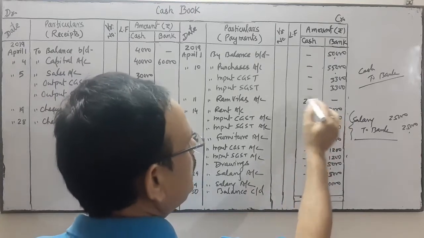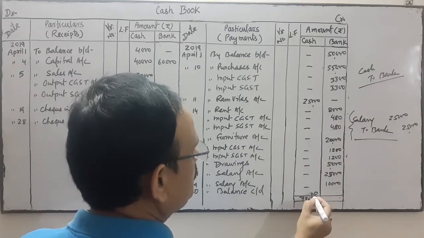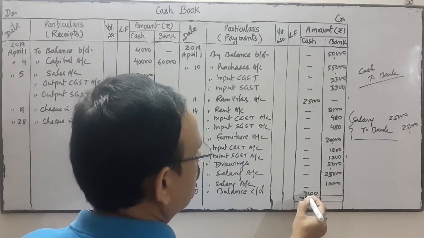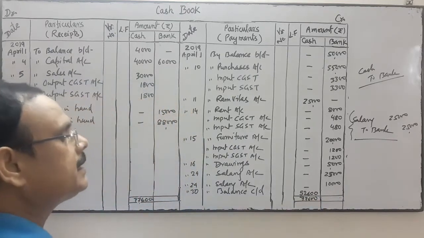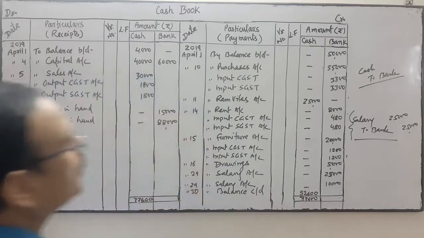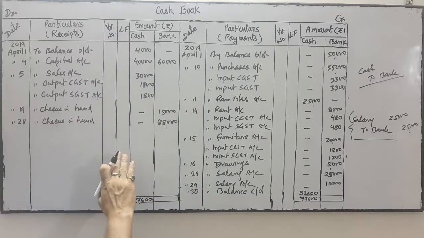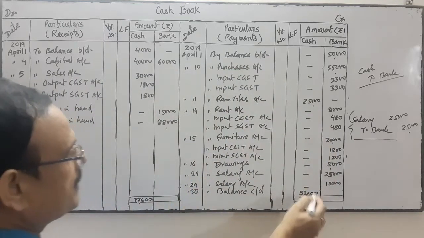This side is only 25,000, so the difference will be 52,600. 52,600 is the difference amount of cash. The debit side exceeds the credit side by this amount.